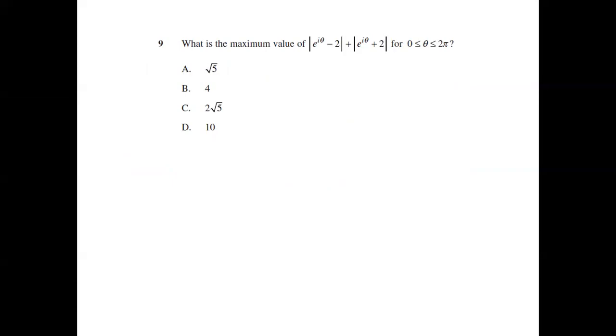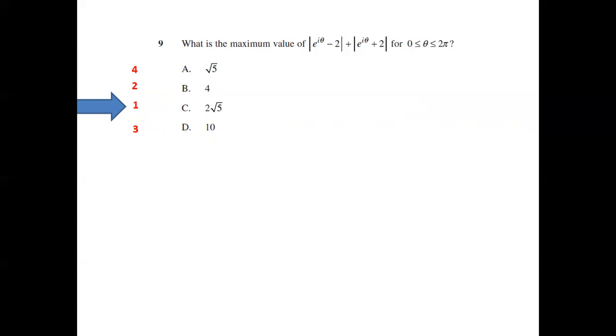Question 9. What's the maximum value between 0 and 2 pi? So the most common response is C. The next one is B, and then D, and the least one is A. The correct response is C. For this one, a student could do it by just recognizing its maximum at pi on 2.